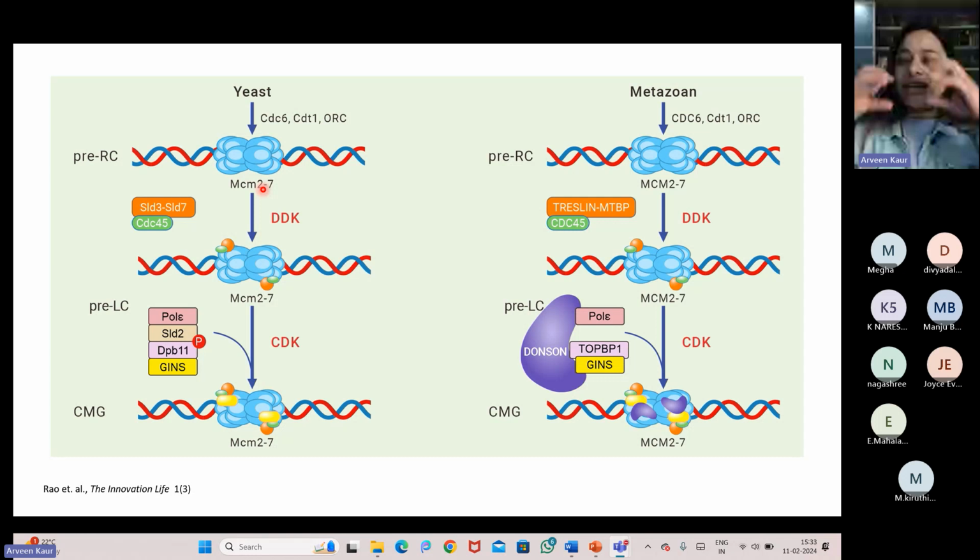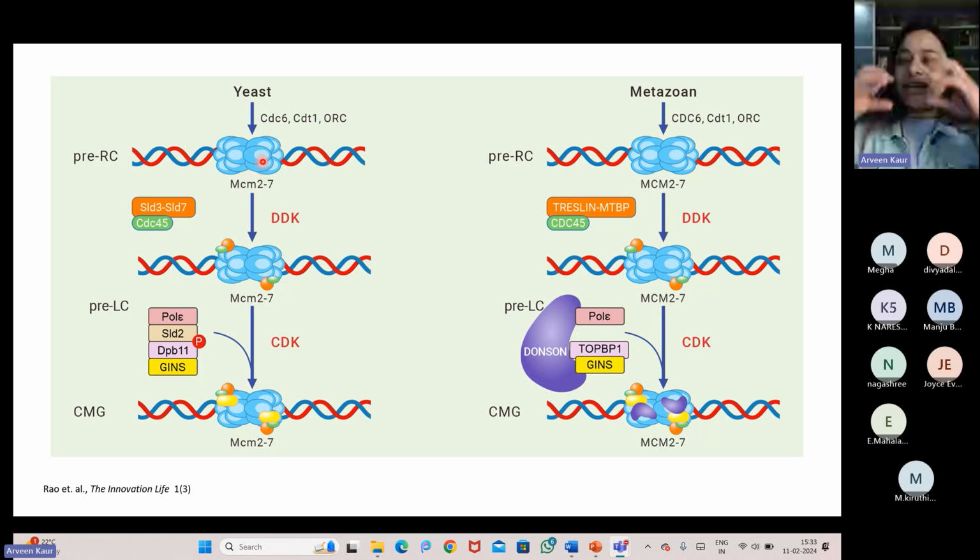And when is the formation of this pre-RC complete? When the ORC that is sitting on the DNA recruits one MCM complex, and this MCM complex is basically a helicase.